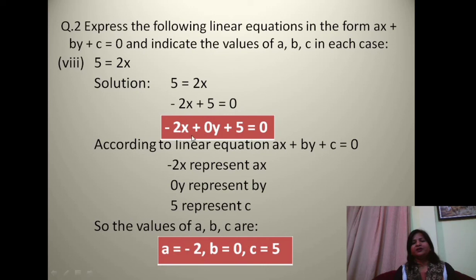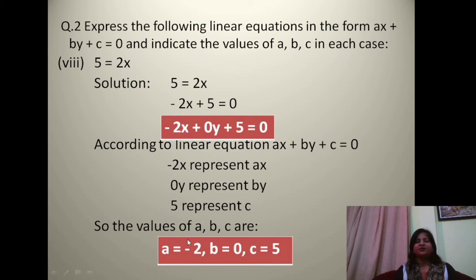Now it is converted in the form of ax plus by plus c is equals to 0. According to the linear equation ax plus by plus c is equals to 0, minus 2x represents ax. That means a is equals to minus 2. 0y represents by, that means b is equals to 0. c is equals to 5.